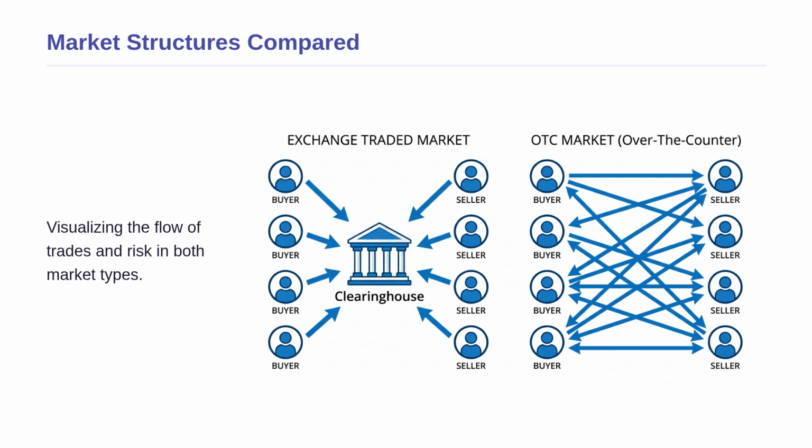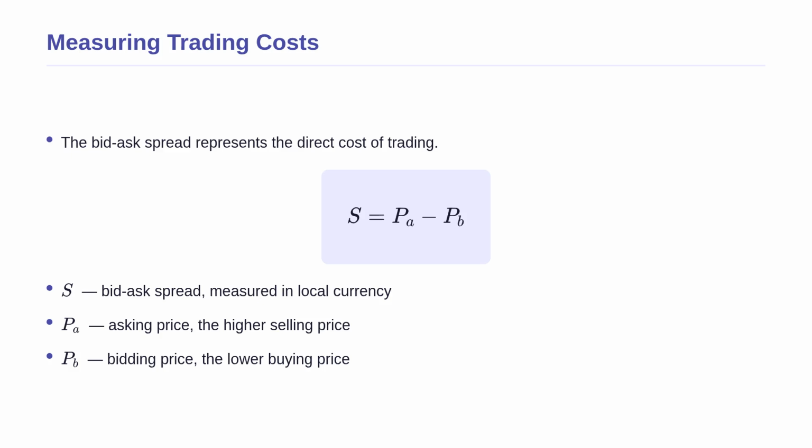Look at the web of direct connections between buyers and sellers. There is no central hub. While this allows for direct, customized negotiation, it also means that if one participant fails, the risk directly impacts their trading partners. Having seen how these markets are structured, we can now measure their differences mathematically, starting with trading costs.